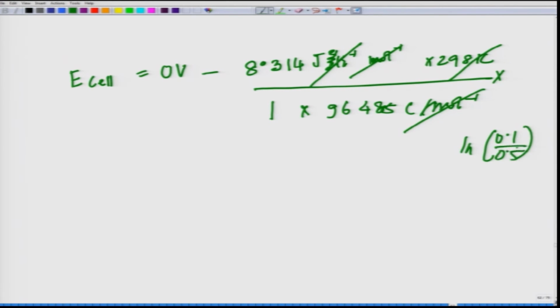So what you are essentially getting is 0.04 volt.